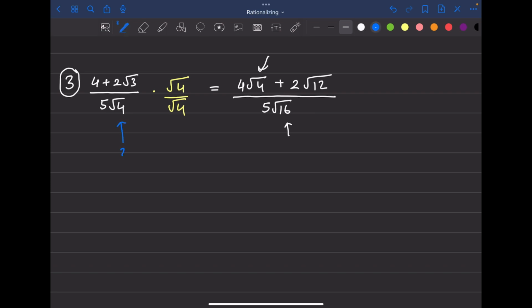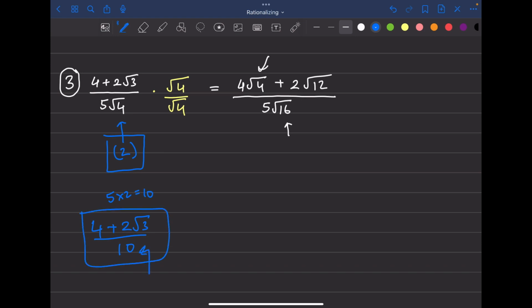Root 4 is 2. So what this tells us is that sometimes you just have to look at the question before even trying to do what we want to do, because if I knew this was 2 from the beginning, I would have said 5 times 2 is 10, and then the original answer would have been 4 plus 2 root 3 over 10, and we would have been done because we rationalized the denominator.